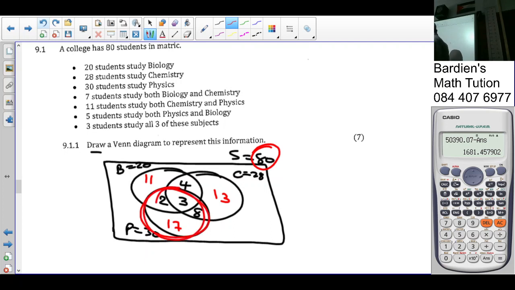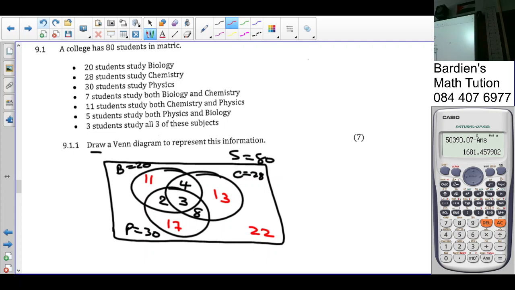Those 4 add up to 30. 80 minus 30 is 50. 50 minus 11 is 39. 39 minus 17 is 22. Is 22 on the outside? Okay, you all see now about 22, no? Alright. Remember that all these add up to 80 again.